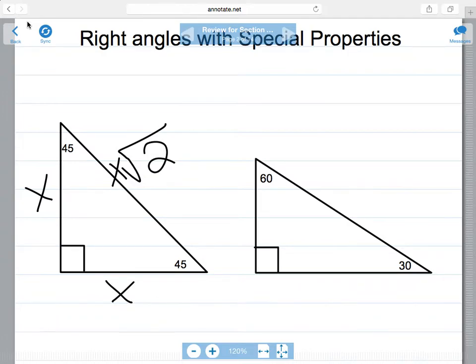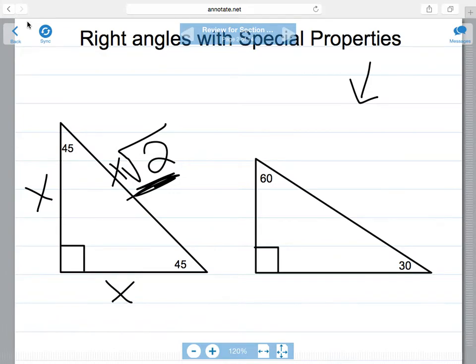A common mistake here is people put the square root of 3 because they're so used to doing 30, 60, 90. So 30, 60, 90 is as easy as 1, 2, square root of 3. With this one, I think the common mistake is not knowing which side is the short leg and which is the long leg. They just base it off of how it looks, but sometimes you can't go by that.